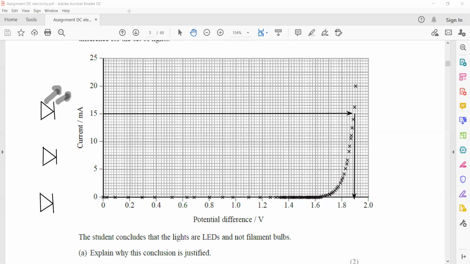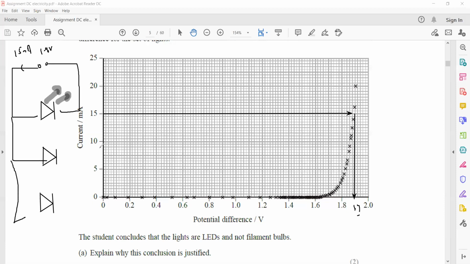And so on. Because they are all parallel, the total current which is coming from the supply is 15 milliampere, and when the current is 15 milliampere, the voltage is approximately 1.9. So 1.9 is the voltage, and all are parallel, so they all receive the same voltage.